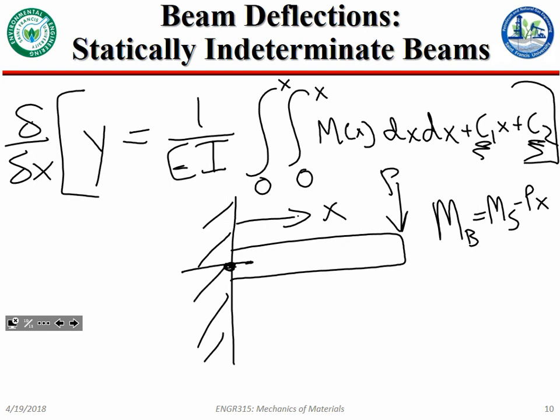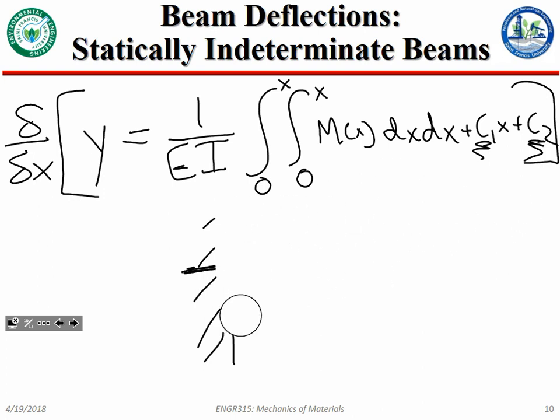And at the wall, if you have a fixed boundary condition, that slope is always 0. So that gives us two different cases. So we can set up two different equations to solve for two unknowns, so we can get those constants. Now that's well and good, but the trick comes when it's not as straightforward.